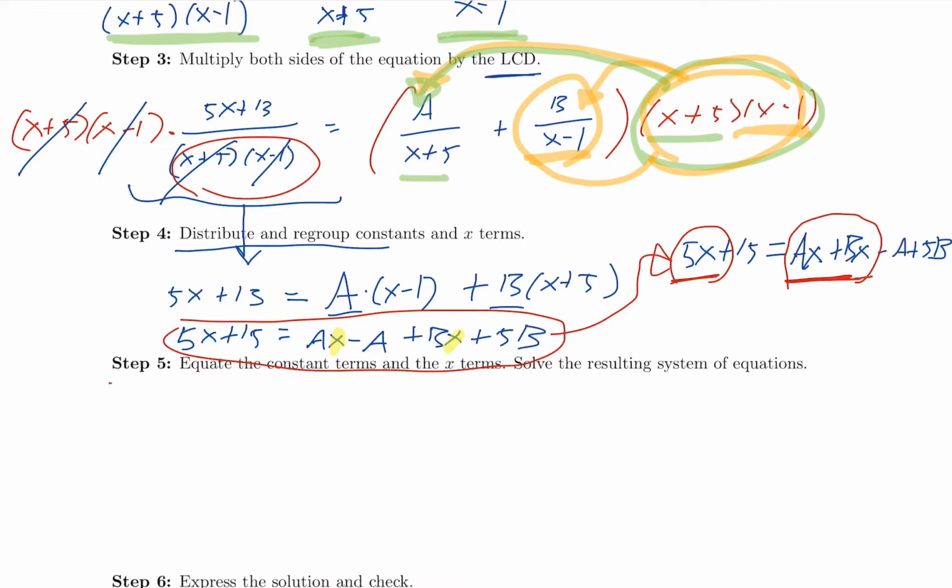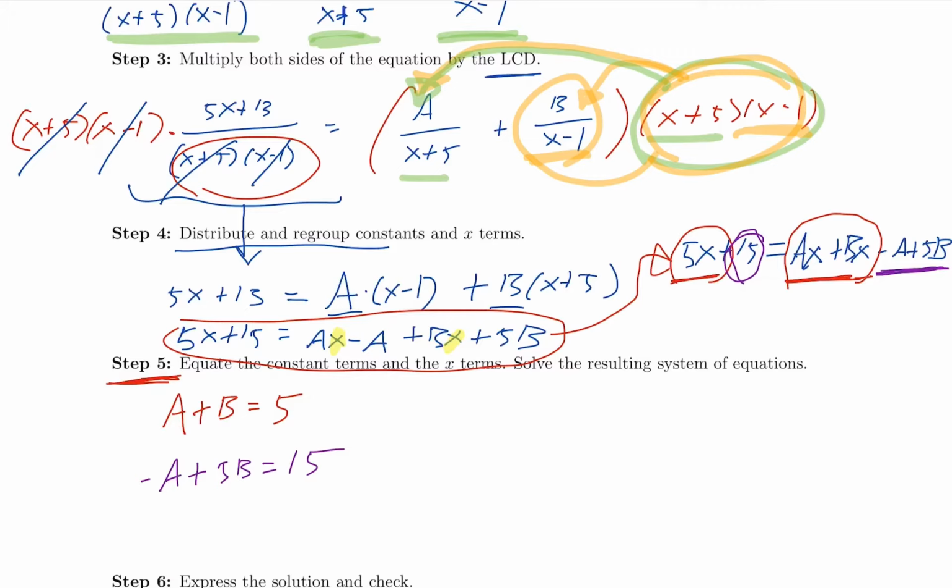That tells us, let me write in step 5, that A plus B must give us 5. Then 13, let's look at 13. Negative A plus 5B should give us 13.